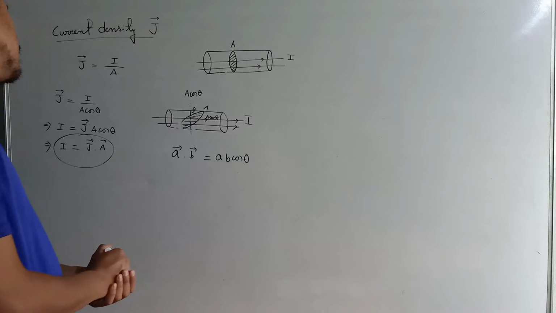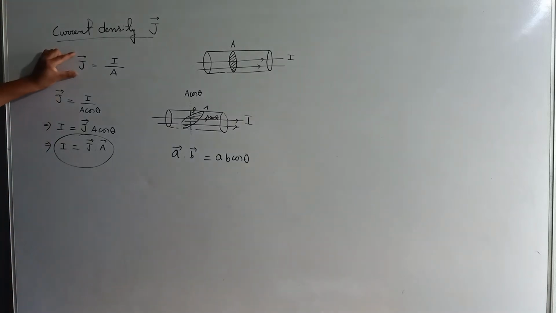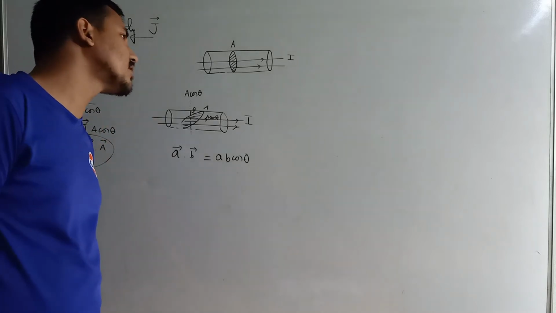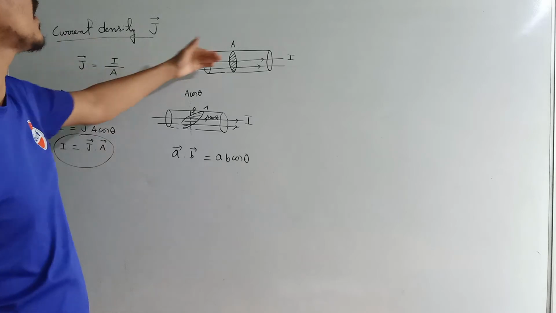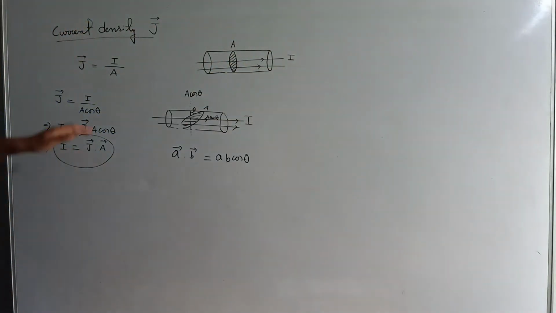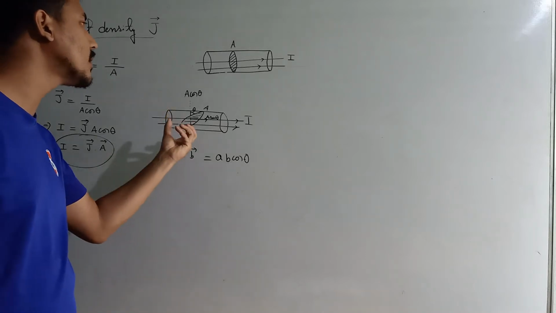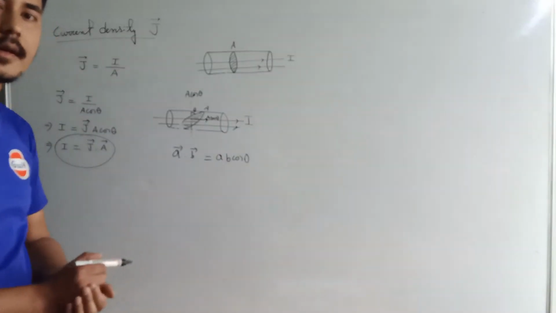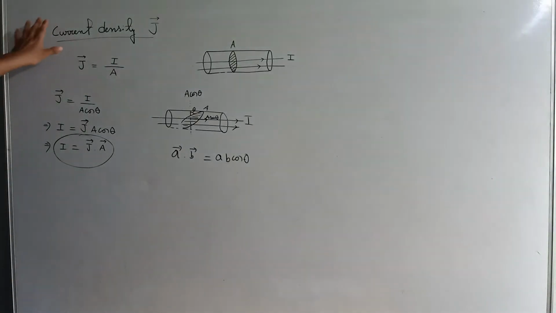The direction of the current density vector J will be in the same direction as that of the current. So this is known as your current density.